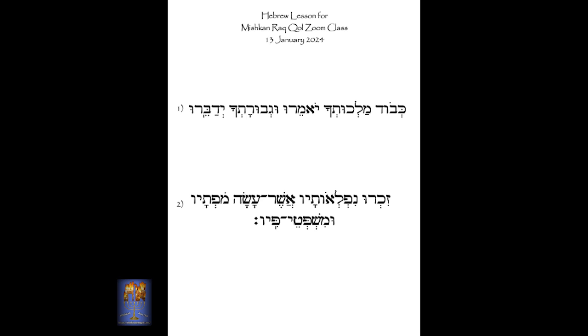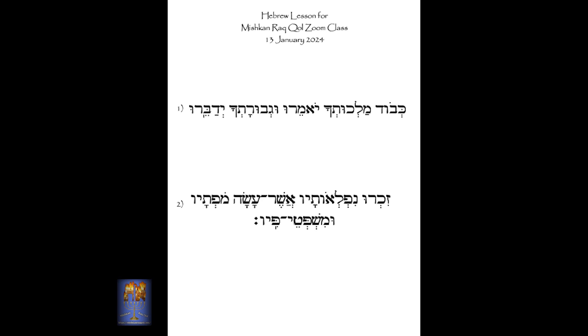Nafal. Actually, the root word here is fala. Fala is something that is too difficult for our human brains to understand. A lot of times, fala is where it talks about signs and wonders. So we're telling somebody, you need to remember the wonders.